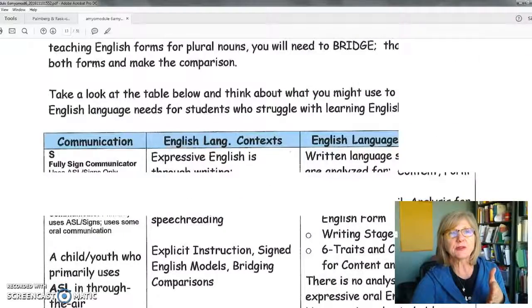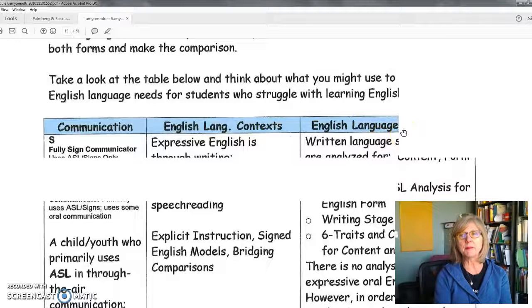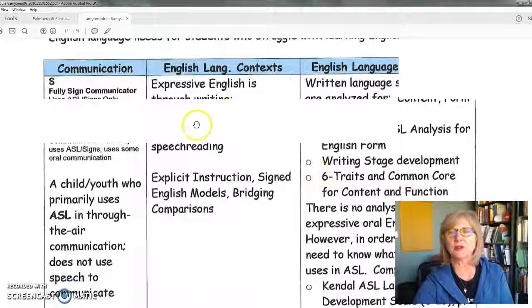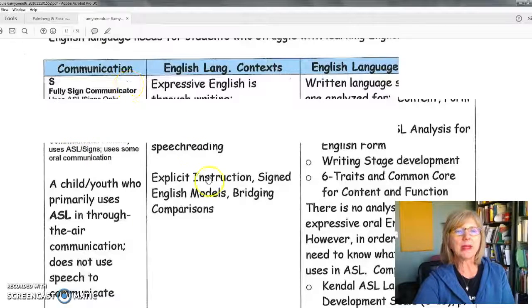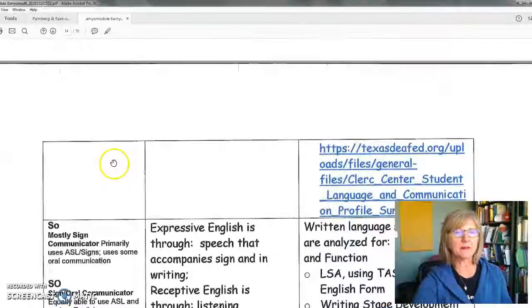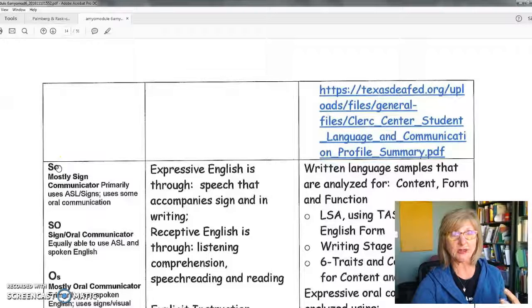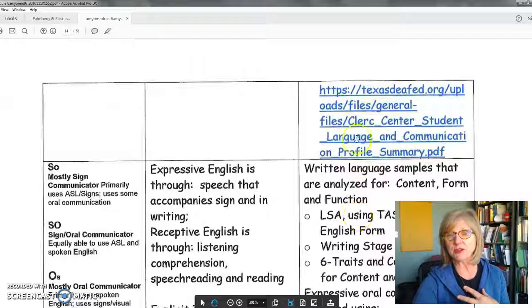I do introduce this framework for categorizing your student in terms of his or her communication. I'm not sure why that's not showing up here, but it really is about sign only, sign being mostly sign but also having some oral communication, and what you can do to assess English language.